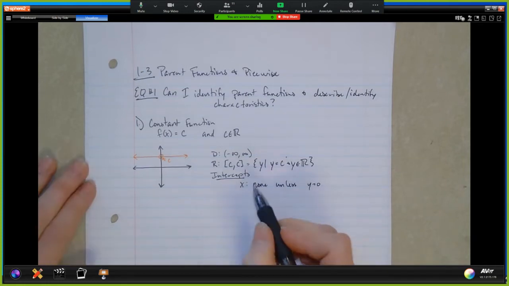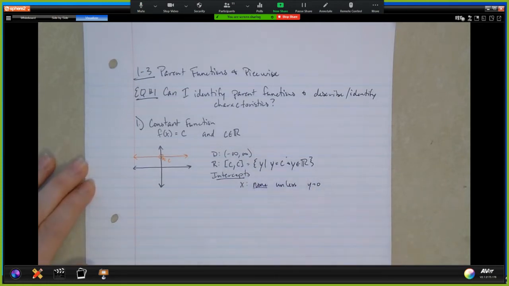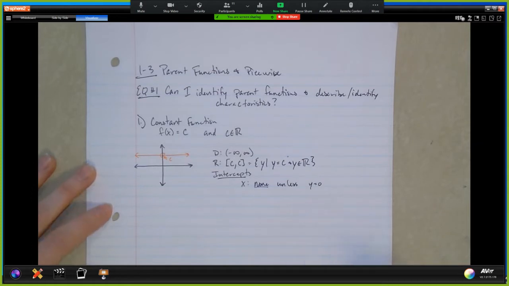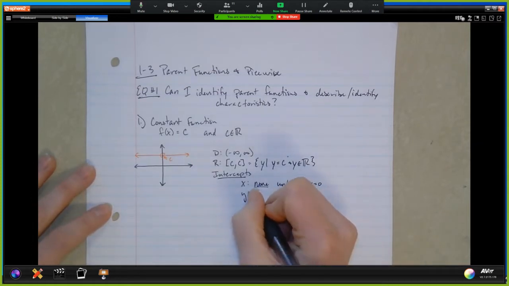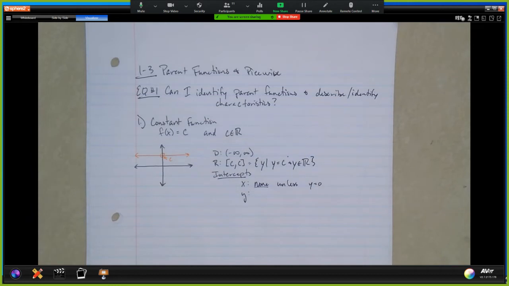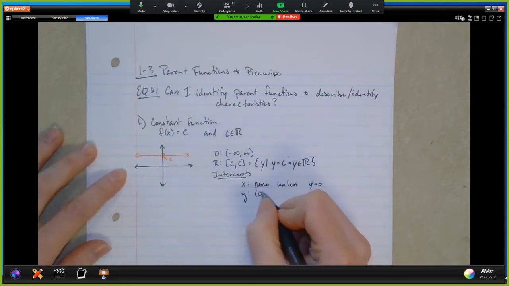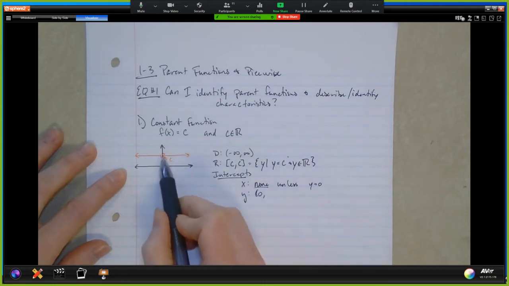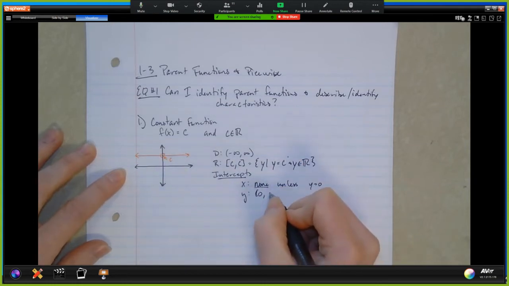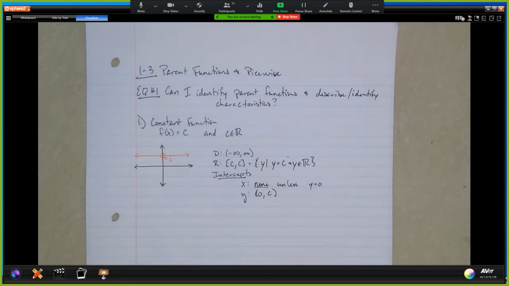But normally, that's the exception to the rule. Okay, and then y-intercept, a reminder, intercept is points, right? So y-intercept x equals 0, and y is going to be whatever value or whatever constant we have.